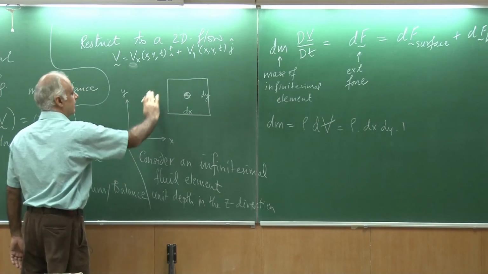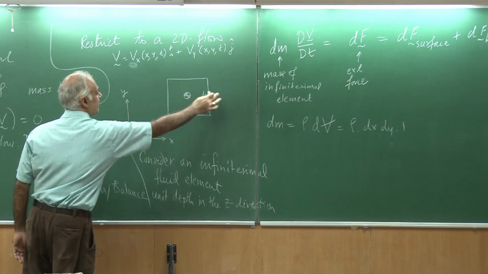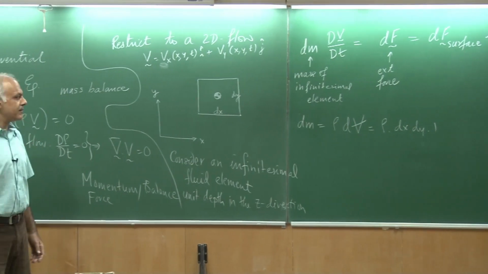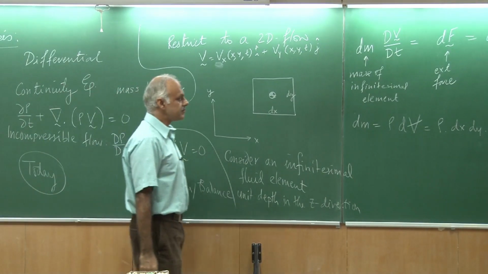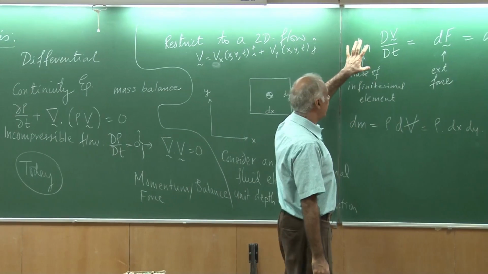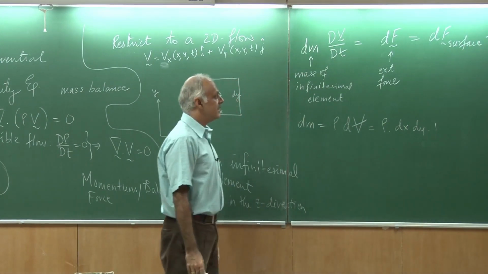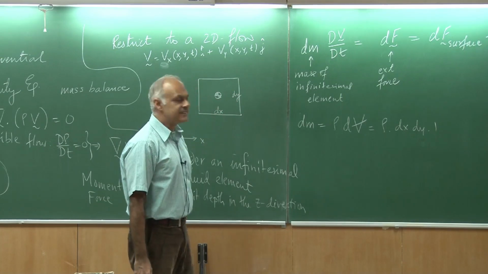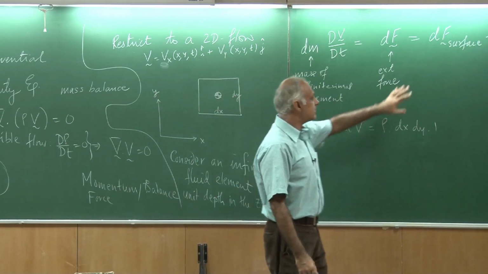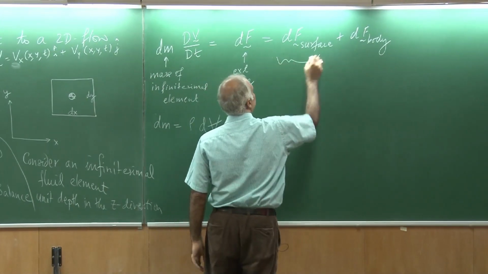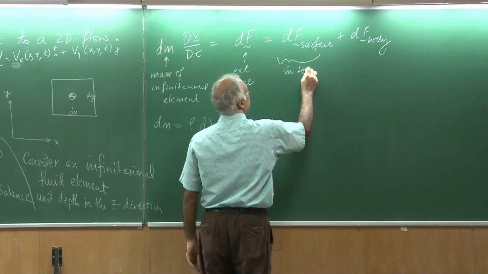I would see a velocity field that varies at different points in the flow, and even at a given point it is allowed to change with time. So, that is a given. Now I have a hang of what is happening on the left hand side. Let me now talk about the right hand side. For the surface force, we are going to use stress.